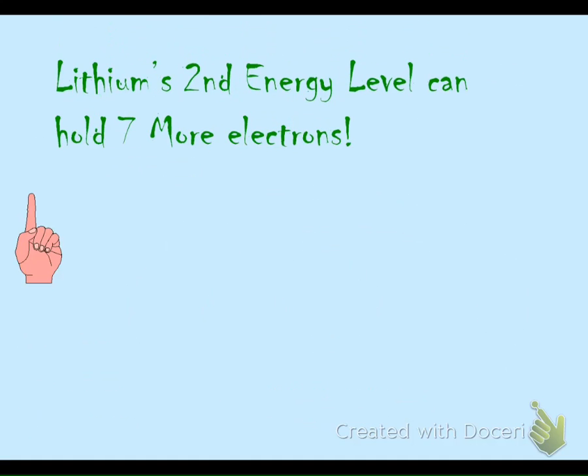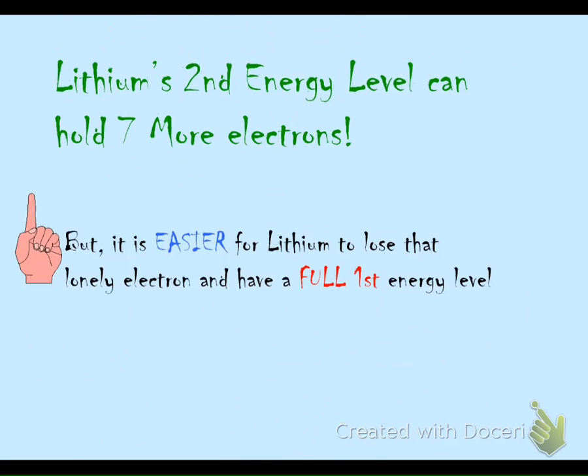The octet rule tells us that atoms want to have 8 electrons in their outer energy shell. So for lithium, that outer shell can hold 7 more. Potentially, it could gain 7 more. But that's not going to happen. It is going to be much easier for lithium to lose that 1 electron, and then that inner core that we talked about, the 2 electrons, will become the outer level.